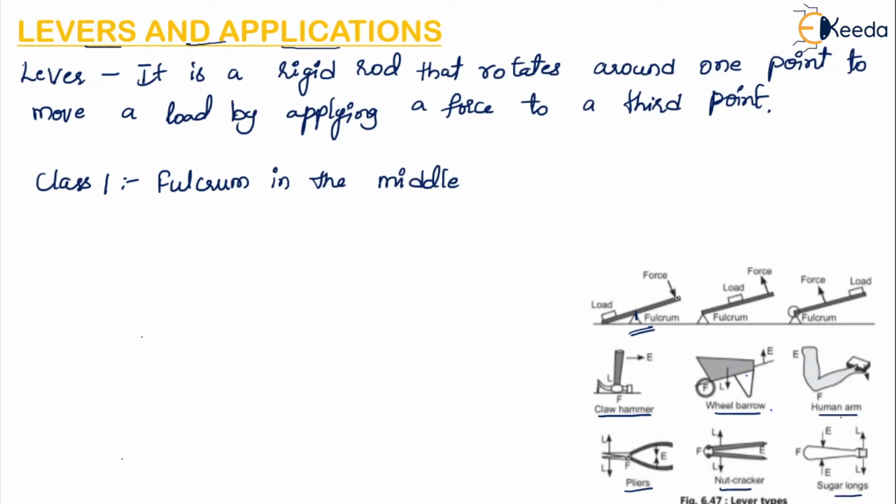A seesaw is an example, or a crowbar or a pair of scissors. Here the fulcrum is placed between the effort and the load.